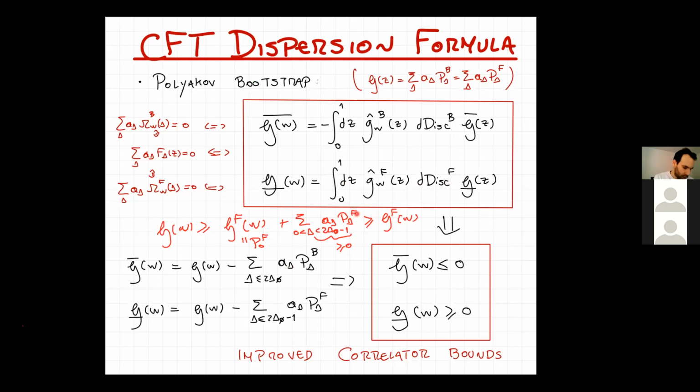So the message is that these dispersion relations, of course, are a lot more general than this, but they automatically imply the bounds on correlators very simply.